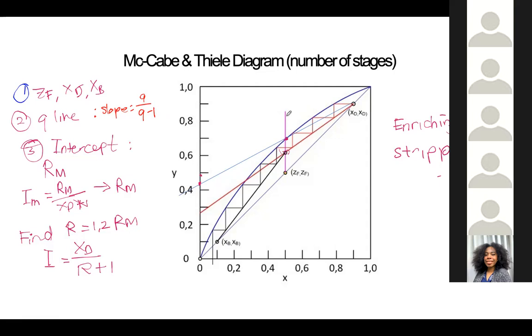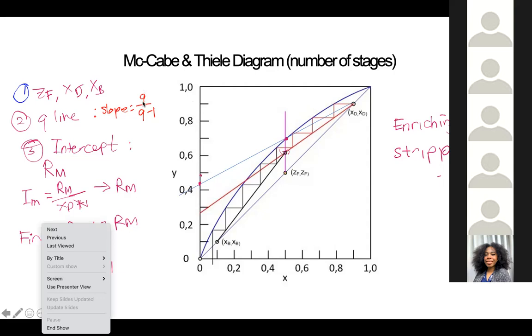Liquid, yeah. Yes. Is it Q or Q minus 1, or Q divided by 1 minus Q? We need to check it. It's Q over Q minus 1, ma'am. So this is right, Helena? Yes, ma'am, I think so.